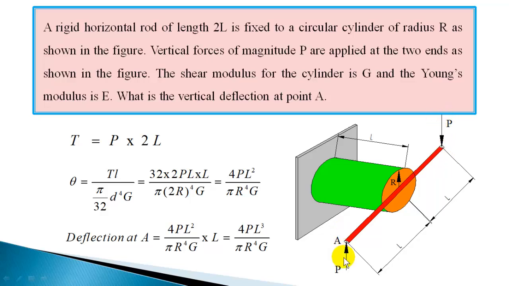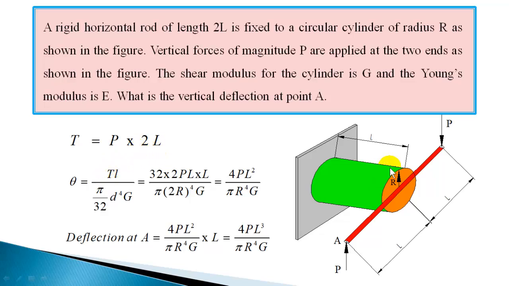The forces applied form a couple, and the torque produced is P into 2L, the force into the distance between them. So torque is P into 2L.